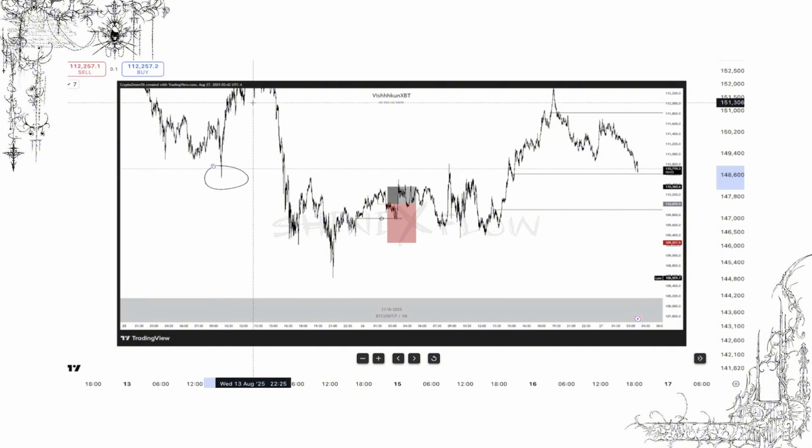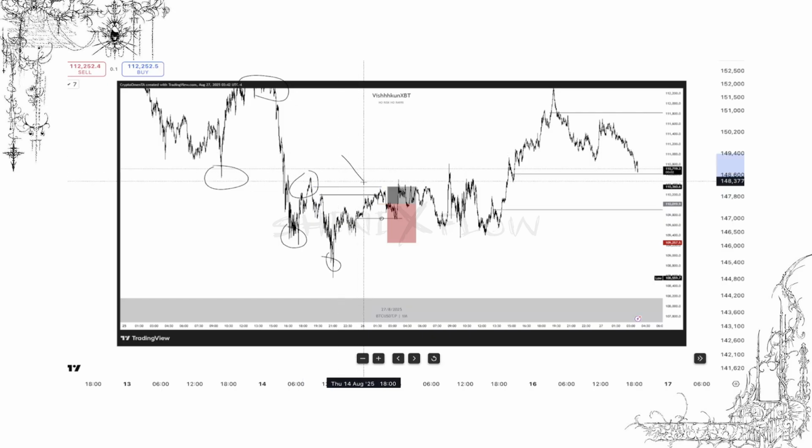We have a bunch of highs and lows holding, more lows breaking, highs holding. I would consider this to be an FVG fill right here. And this guy took a short here off the break of structure from the reaction of this short PY right here.